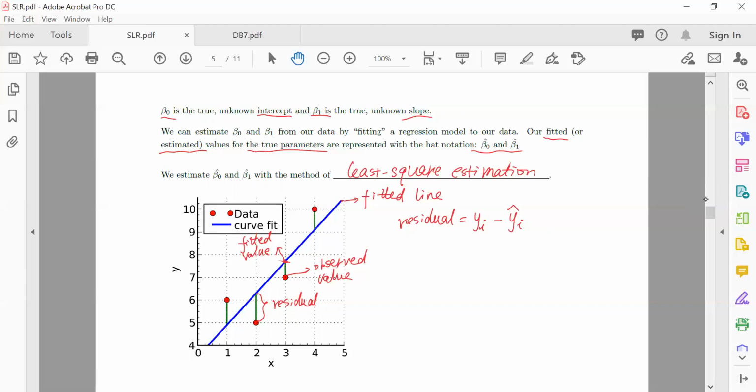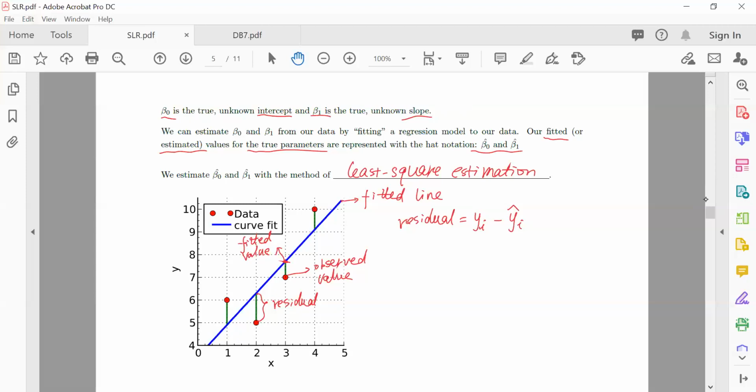The first idea is maybe we can sum all those residuals together to see which one has the minimum number, right? We try all those different lines, like what I just drew and then erased, to see which one has the smallest sum of residuals. This is a good idea, but there is a problem: those residuals could be positive and could be negative. If you sum them all together, it may be close to zero.